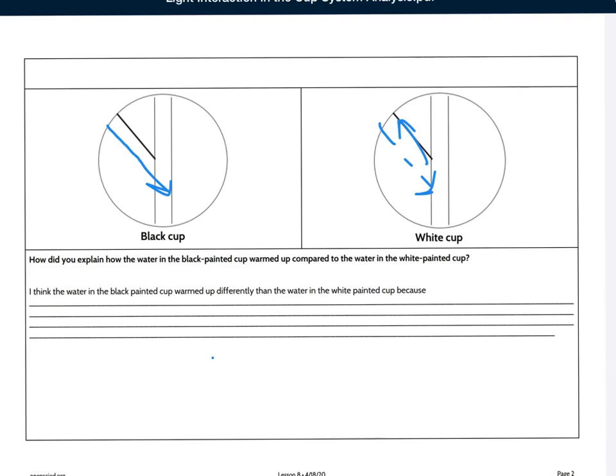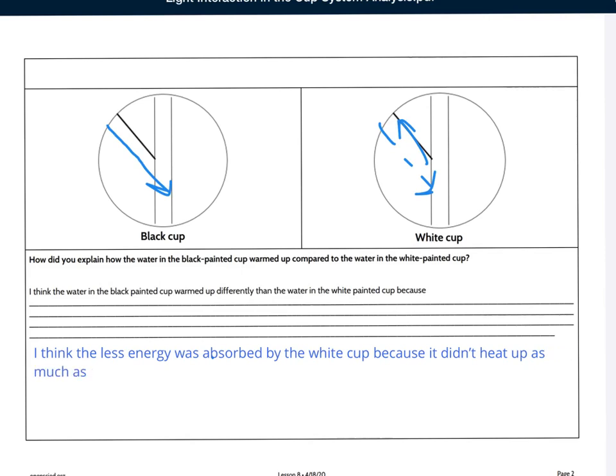So I'm going to say something like, I think less energy was absorbed by the white cup because it didn't heat up as much as the black colored cup.